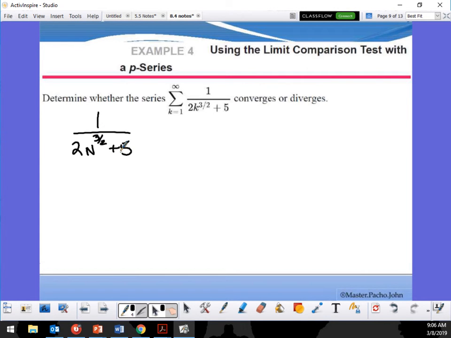I'm going to factor that n out, so I'm going to say 1 over n to the 3/2 times... What's going to be left right here? If I'm taking it out of the first term, there's going to be a 2 plus 5 over n to the 3/2, right?